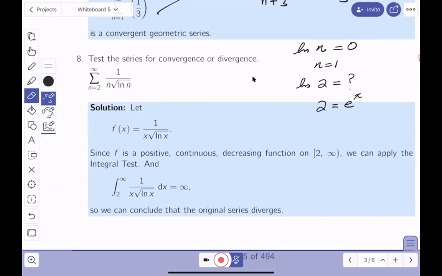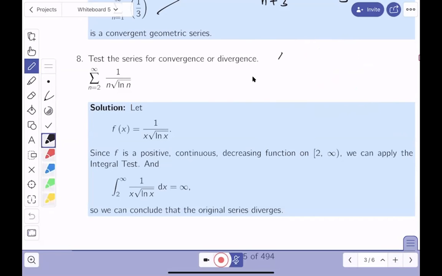All right, let me erase. And this is a positive term series. And I'm going to look at it. And for comparison purposes, I really can't think of any good comparisons off the top of my head. So what tests do I have? I'm going to say integral test, but I'm not saying it's going to work.